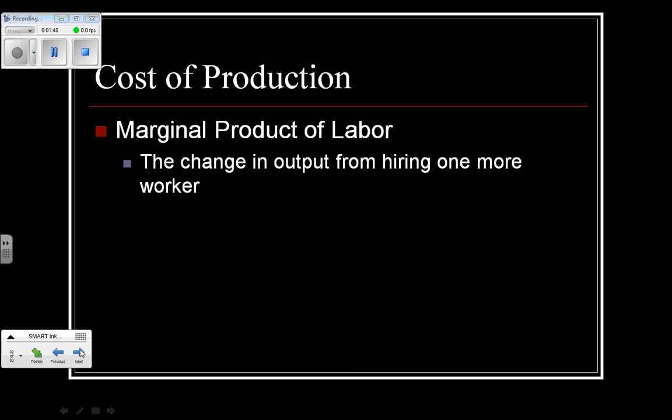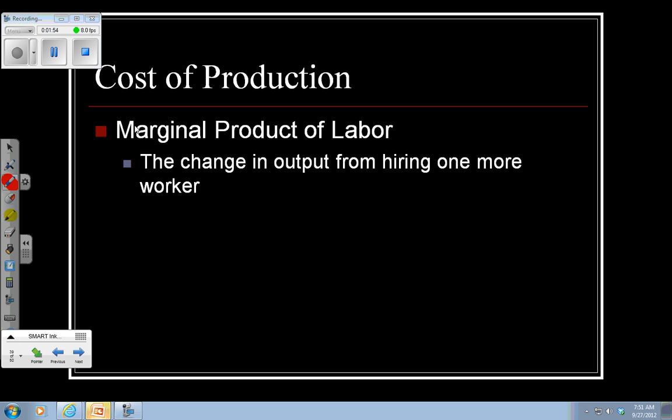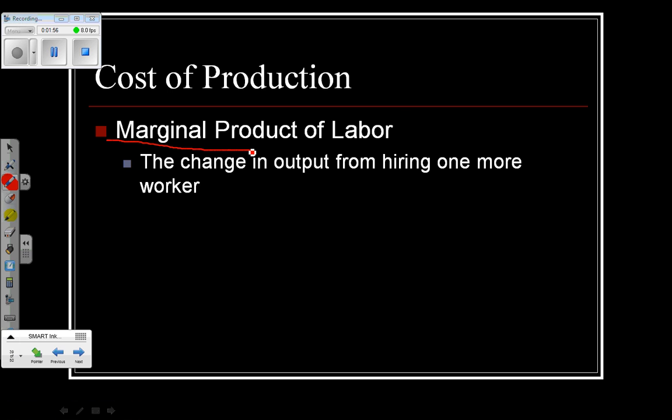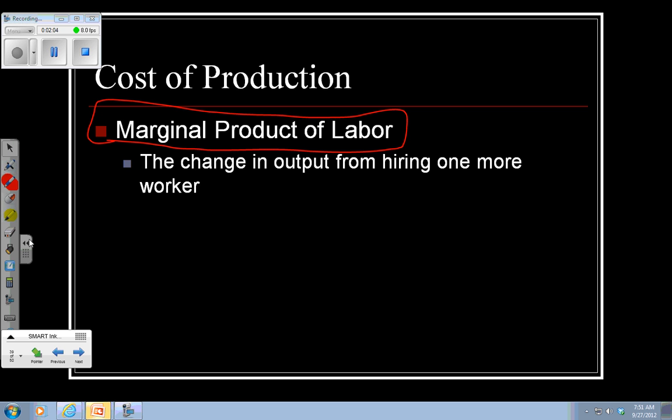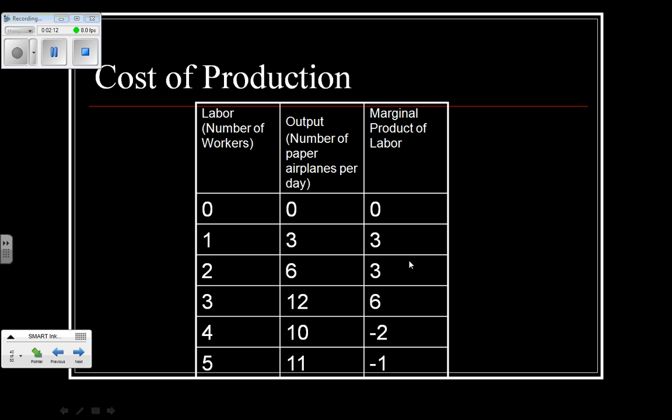There's a marginal product of return or marginal product of labor that we'll look at. So when you see this term, what they're talking about is the change in output from hiring another worker. Conversely, you can look at the change of output from ridding yourself of another worker, but what are you getting when you add one more unit of labor, one more worker, man hour, whatever it is?